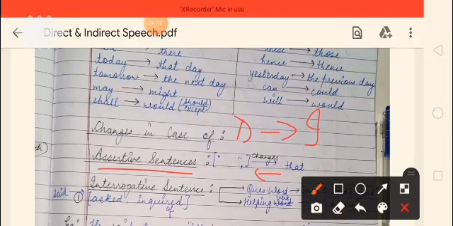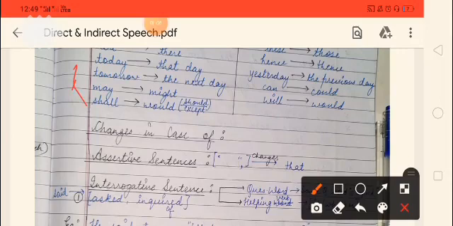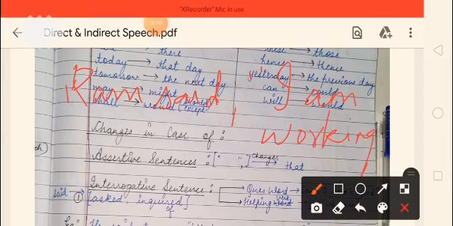Okay, for example, if I say that Ram said, comma inverted comma open, I am working. So we have just learned the rules yesterday.